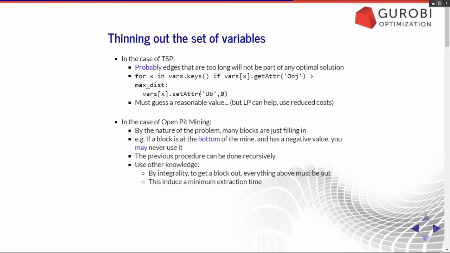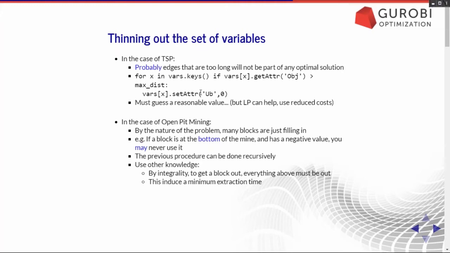And in the case of the open pit problem, as I said, whenever you have a block with a negative objective that is just using up some capacities over time, you may guess that those variables won't be part of any optimal solution. So you can fix those variables, or even better, not even model those variables right at the beginning.